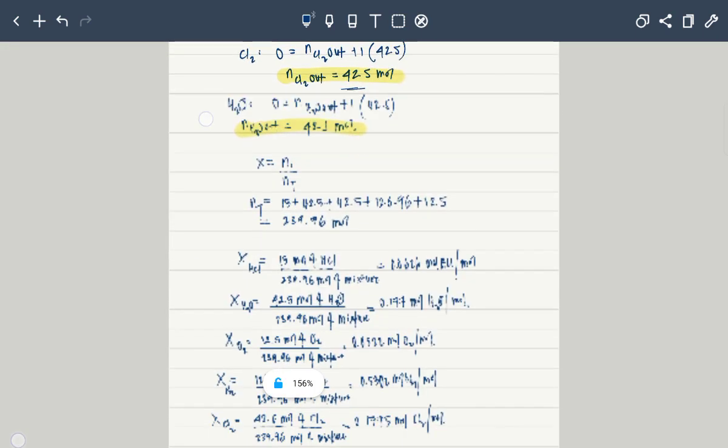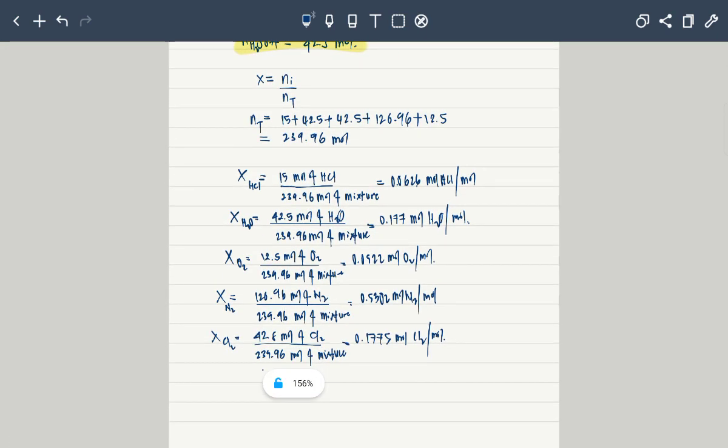Okay, this is the answer. Sebab nak mole fraction kan, so inilah answer dia. Okay, so ada 5.